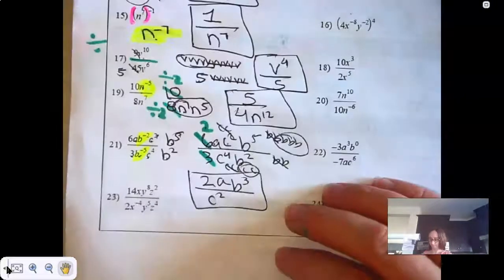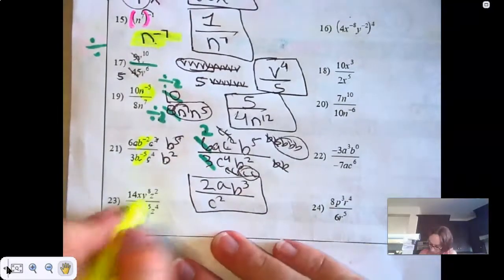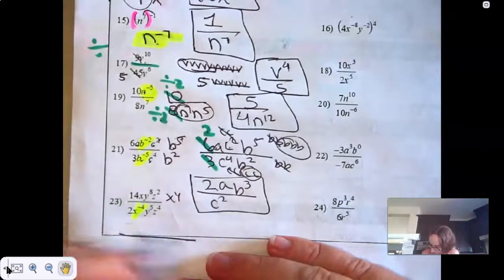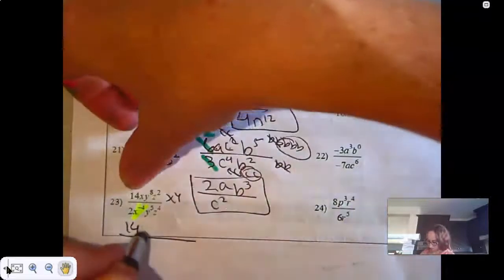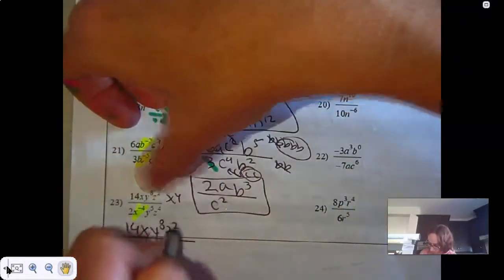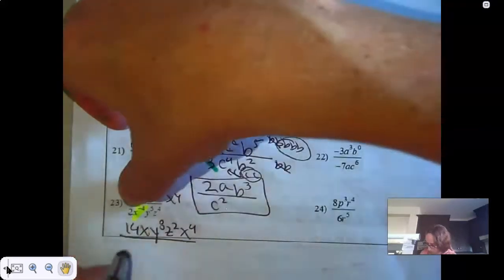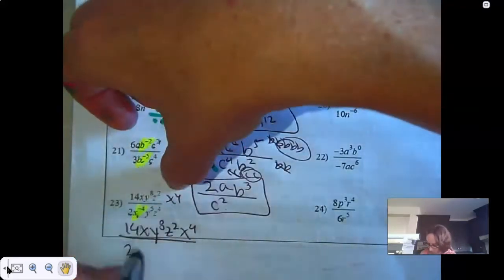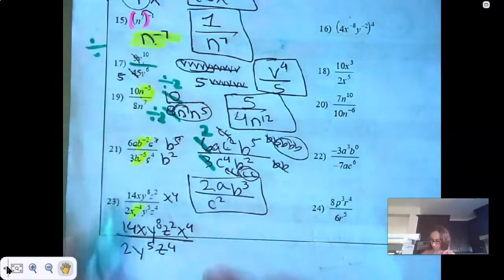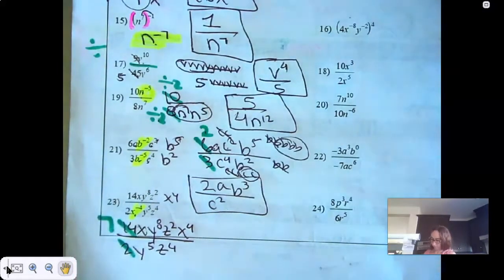Okay. This one. Uh-oh. This needs to go to the top. And then I have 14. X, Y, 8, Z squared, X, 4, 2. That moved there. Y, 5, Z, 4. Now, 14 divided 2, 7.